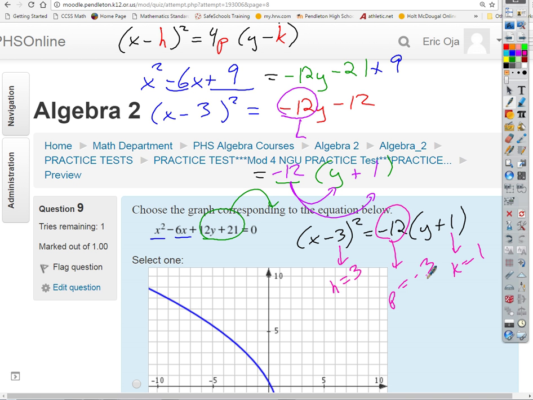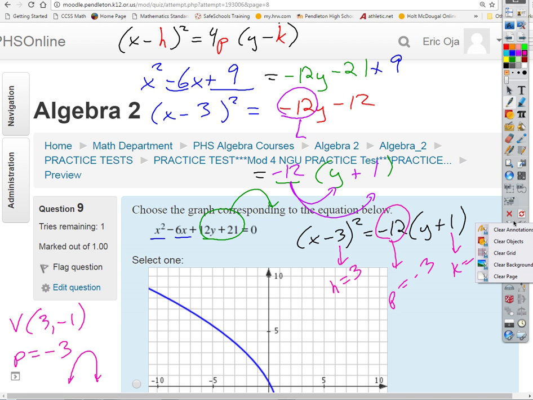Okay, so we got vertex has coordinates 3, -1, and p is -3. Well, if this is going to be a vertical parabola and p is negative, in what direction does it open? It's got to open down, doesn't it? So we know that that's what we're looking for. Okay, there's our summary. Let's go find it.